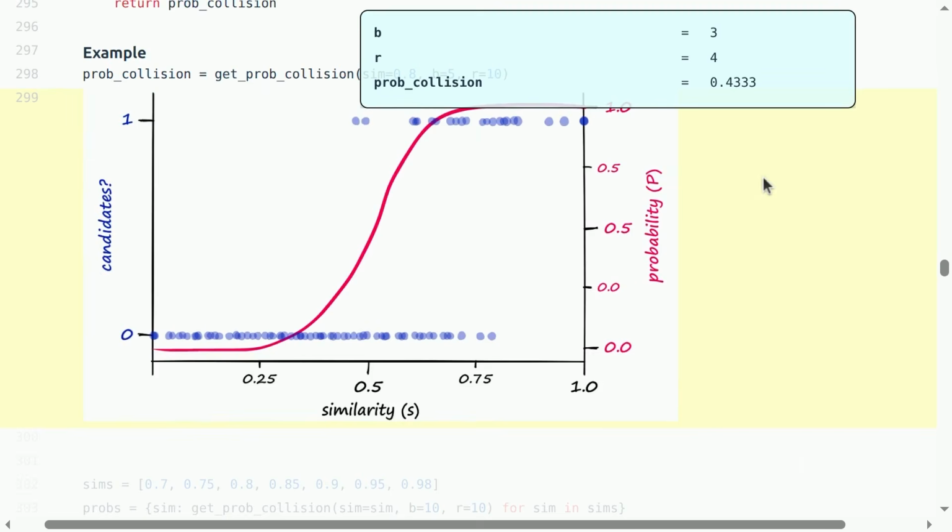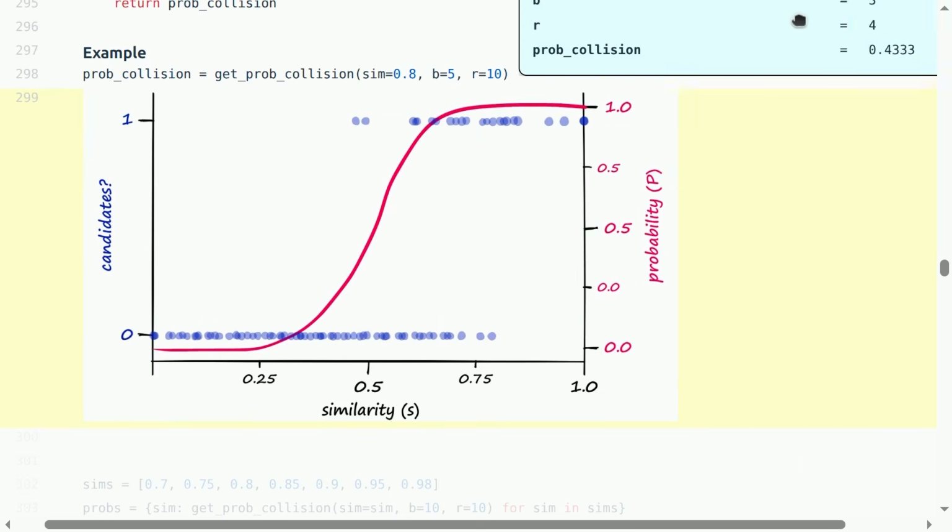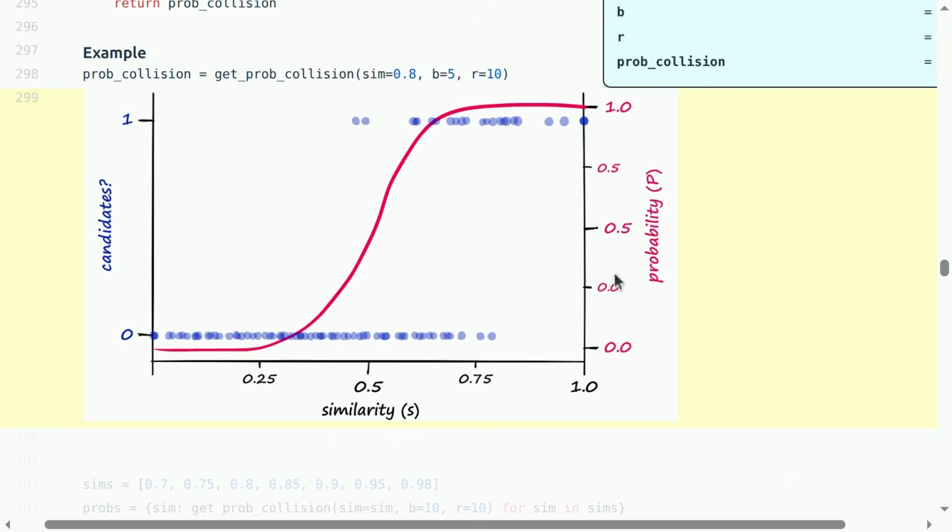So if you plot this, this is what it looks like. You have on the x-axis the similarity, and we were looking at 0.8, and you look at the probability of a collision here. So we would expect that if the similarity is 0, then it should be 0. If it's 1, it's 1.